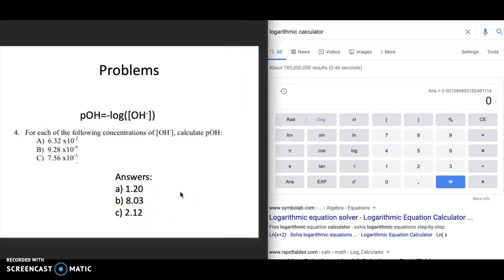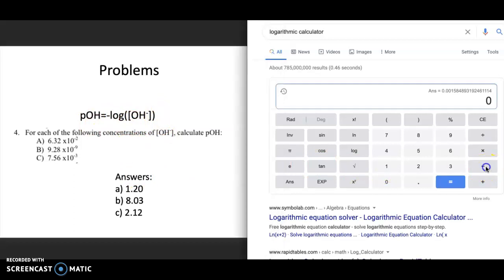Okay. Next, I'm doing pOH from OH minus, so it's negative log of those answers again. So I'll plug it in just like before, negative log 6.32, EE key, negative 2, gives me 1.199 or 1.20. Here I get negative log 9.28, EXP or E key, negative 9, equal to 8.03.